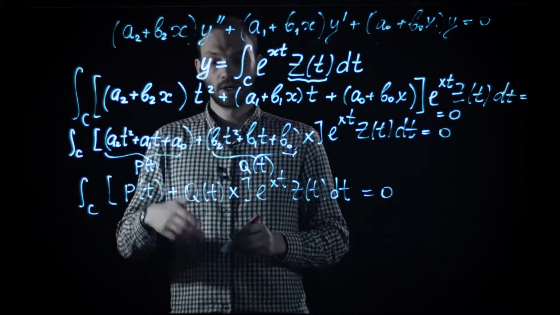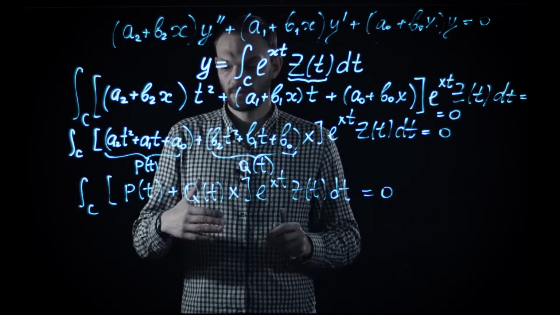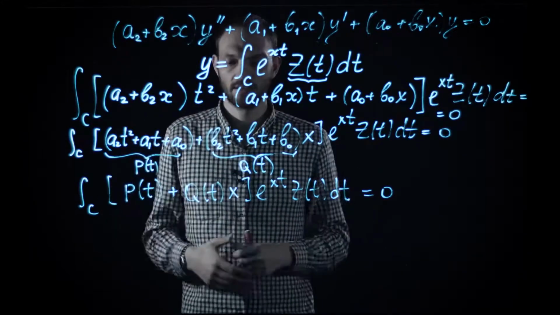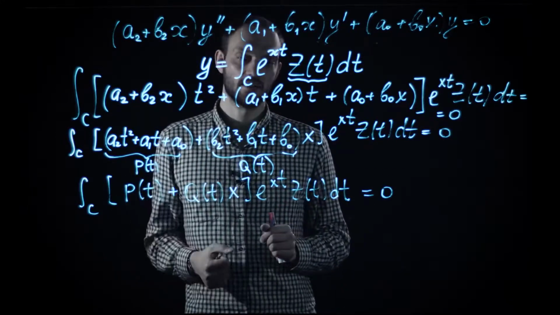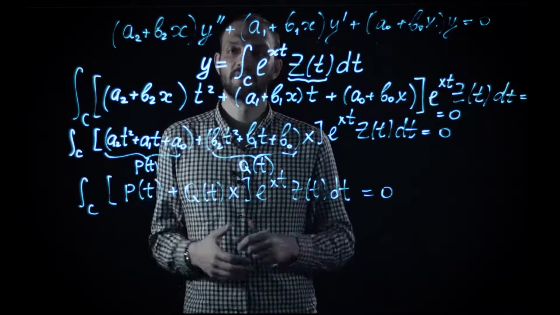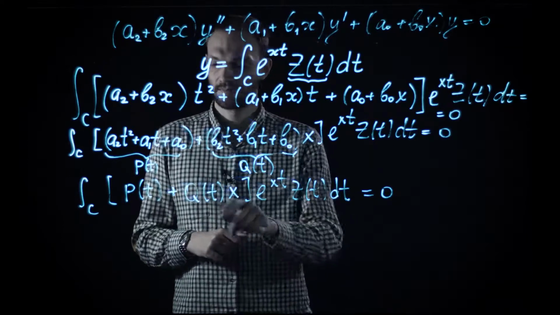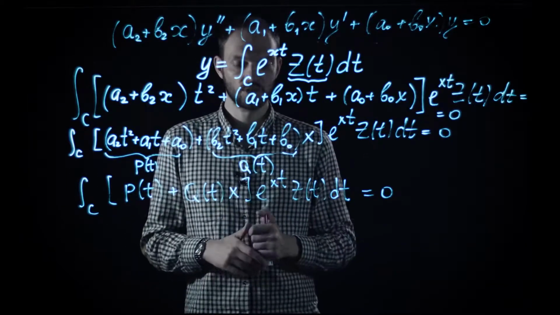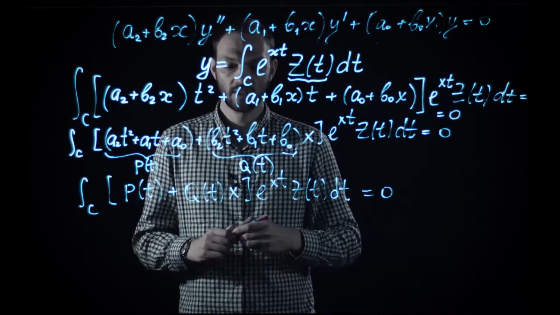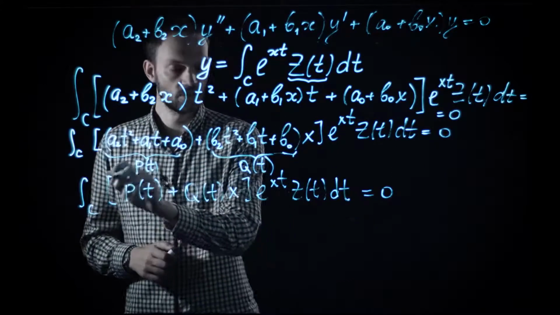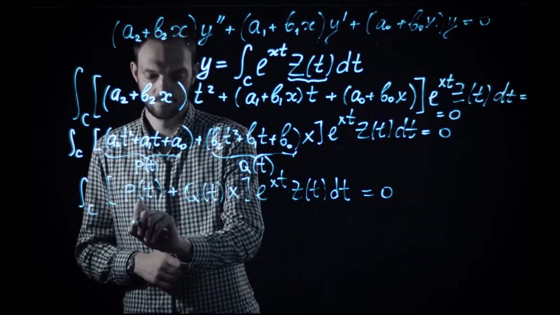So now we are going to simplify our life. In the end, the only independent function in this solution, which actually is some other representation of the unknown function y, is z of t. And in fact, this equation, which looks like an integral equation, can actually be reduced to a differential equation for z. In order to achieve that, note that the expression in the integrand can be written in the following form.